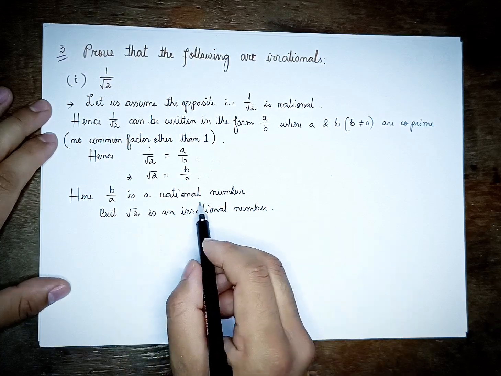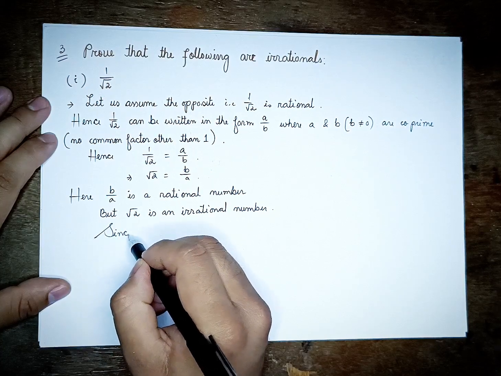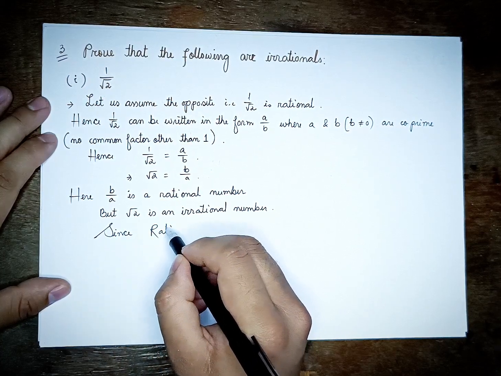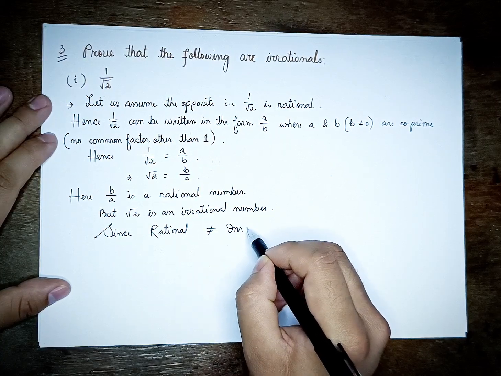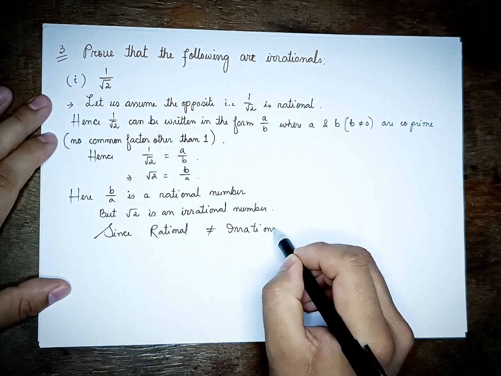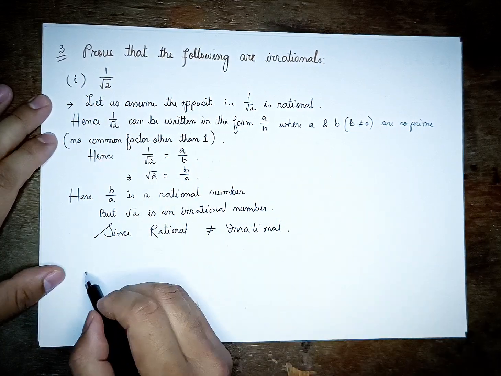Since we know that rational is not equal to irrational, there arises a contradiction. So our assumption is wrong.